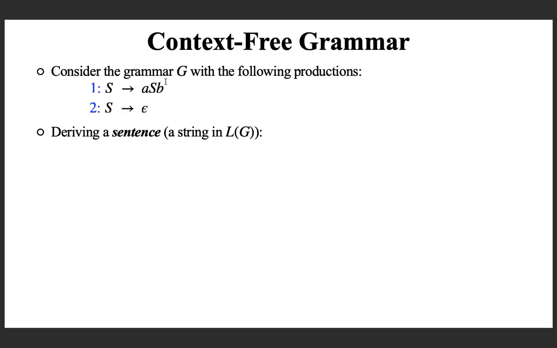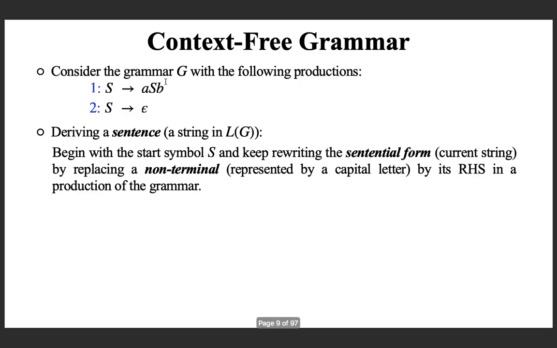If you recall from the lecture on regular grammars, the process of generating a string in the language represented by the grammar is known as the derivation process, which begins with the start symbol capital S. So there must be a start symbol in this case as well, this S. It must start with S, and it keeps rewriting sentential forms, which are nothing but the current string. To start with, just S is the current string.